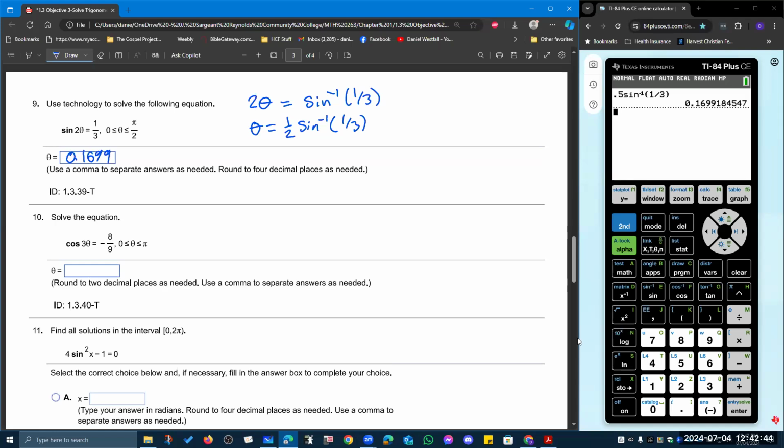I should be able to go all the way to pi, and this is theta 1. 2 times theta 2 is equal to pi minus that.